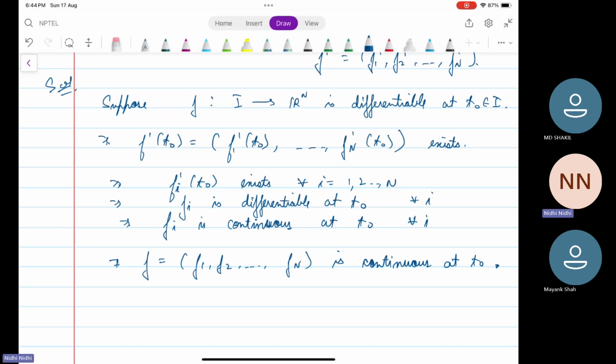Next, the main difference between vector valued functions and real valued functions is that the mean value theorem is not satisfied here. So we'll see how.